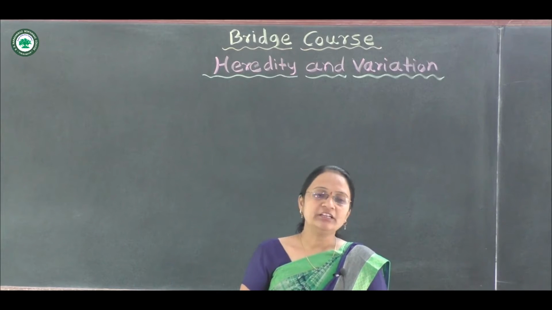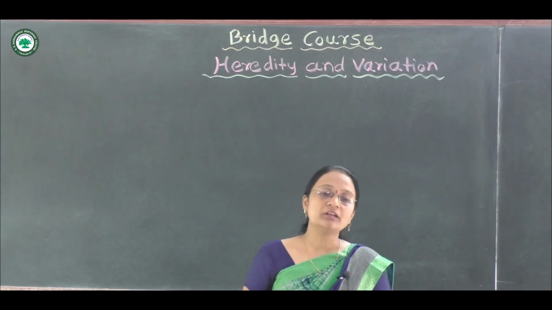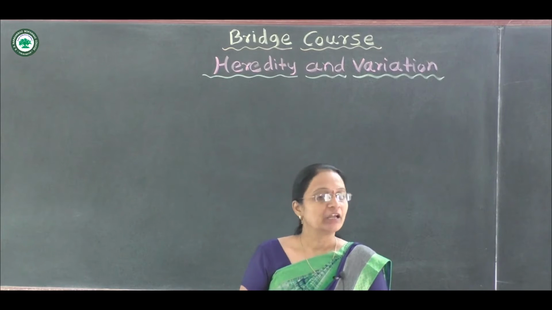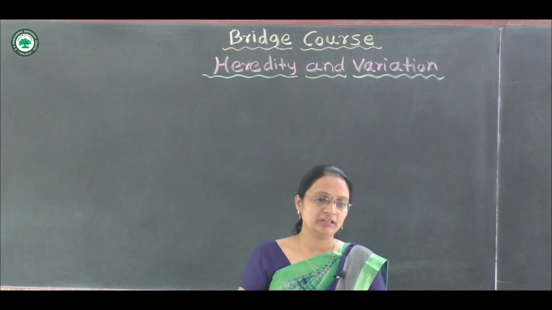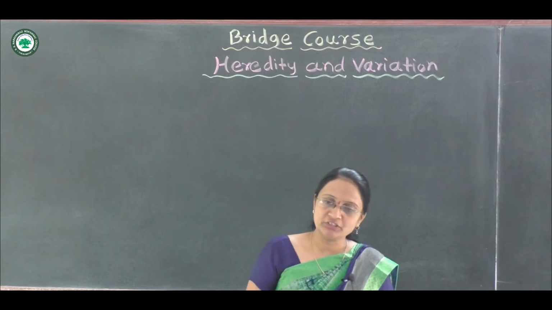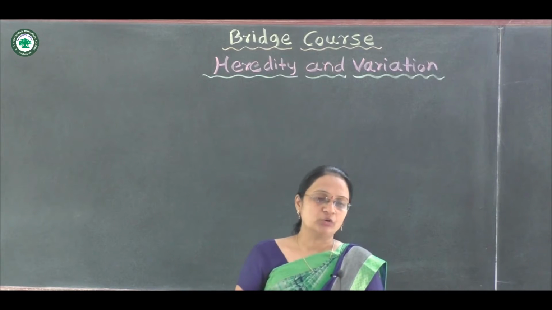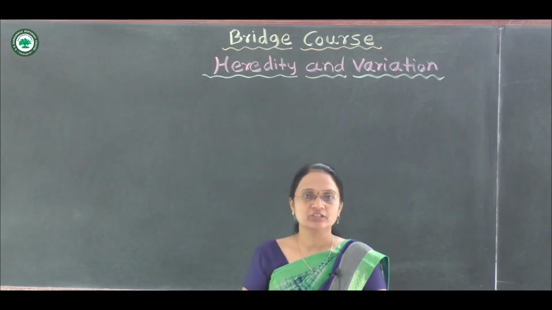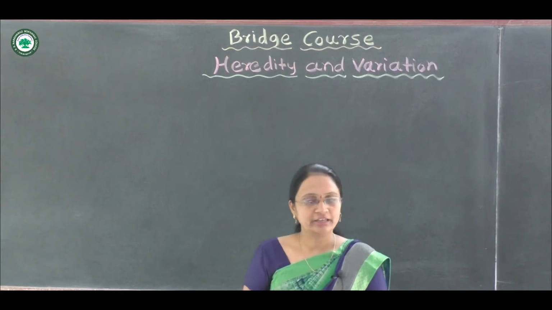Not only the nucleus but the smaller molecules present in the nucleus are responsible to transfer this character. From this, the definition of heredity came into existence, that is the transmission of a character from one generation to another generation, which is known as heredity.